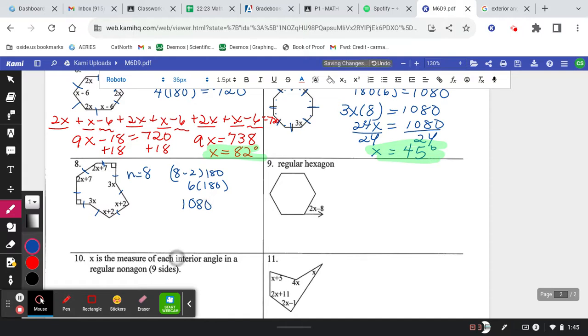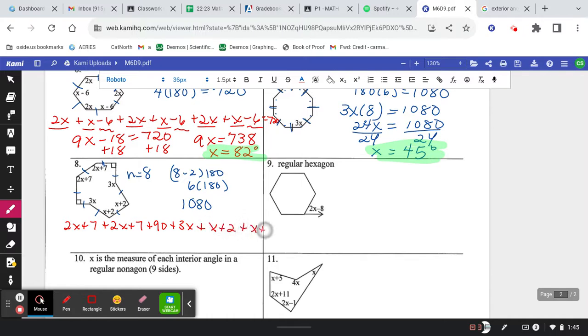And so let's add it all up. 1, 2, 3, 4, 5, 6, 7, 8. Good, I got all of them. They're all equal to 1080.